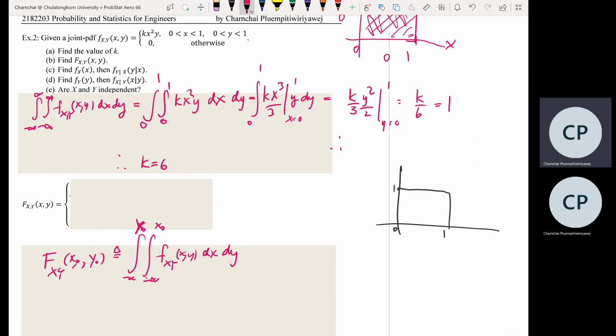What's the x subscript? This one, the variable is x, but this x naught is the same as this x naught.